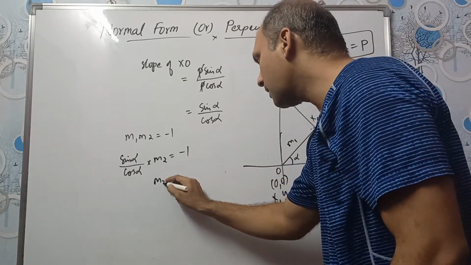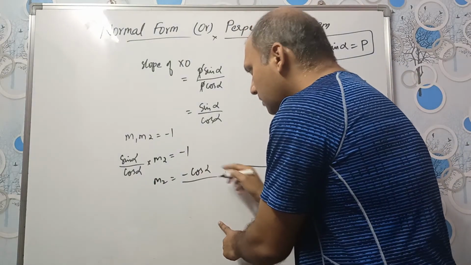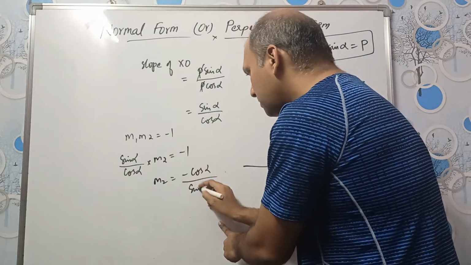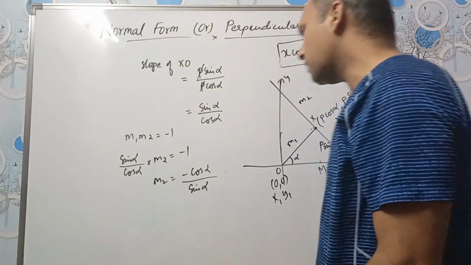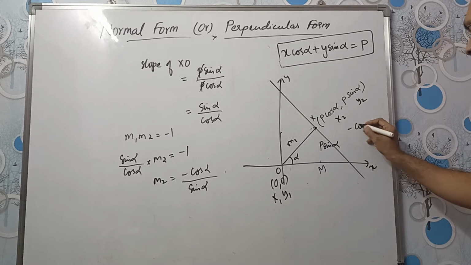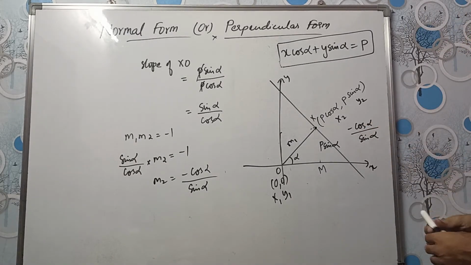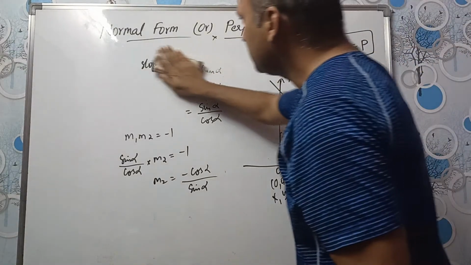So m2 will be equal to, see, cos goes on the other side, comes to the numerator, sin goes on the other side, comes to the denominator. So m2 is how much now? Slope of the second line is minus cos alpha divided by sin alpha. Alright, I hope this is clear.